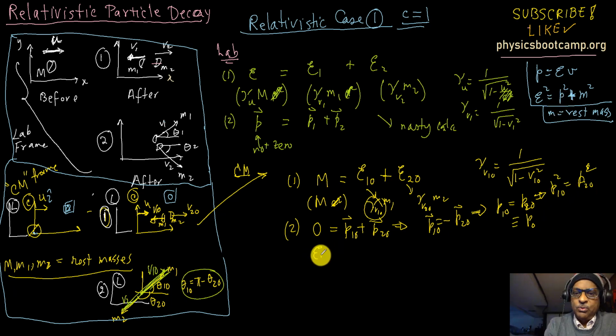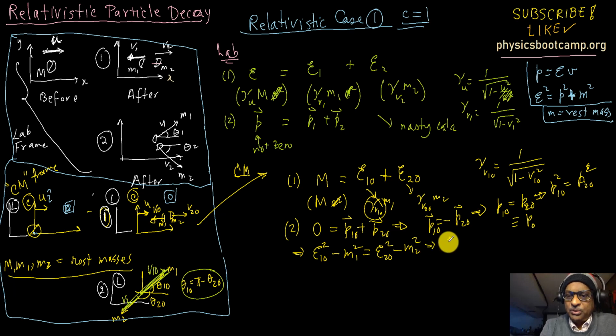So that's E10 squared minus M1 squared equals E20 squared minus M2 squared. And I bring this on the other side. It's very simple to do.